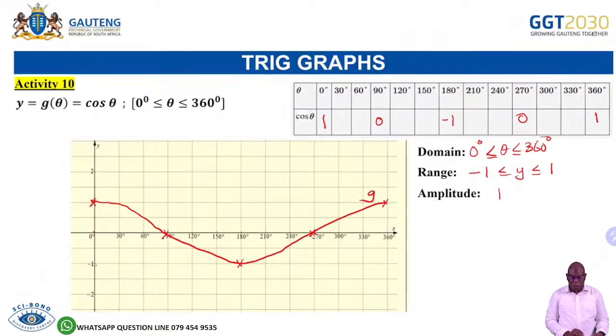So the highest point is 1 and the lowest point is -1. So that is your cos graph.